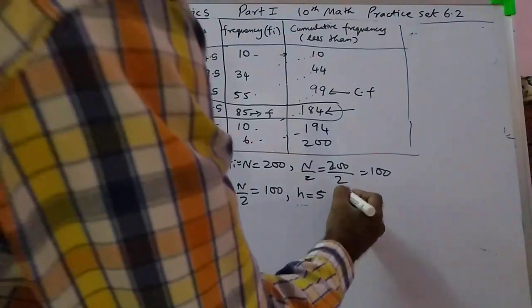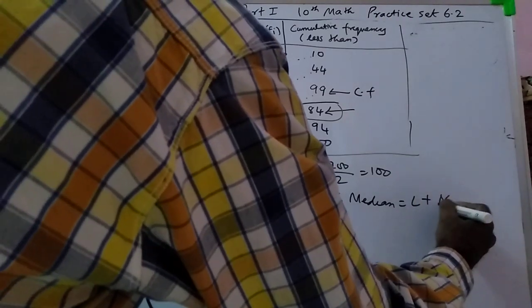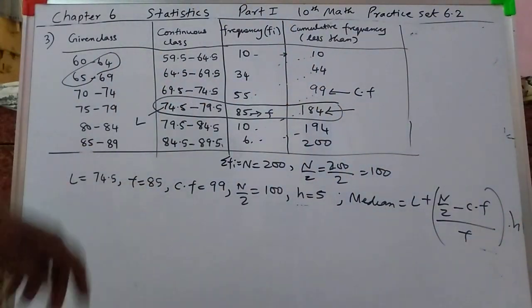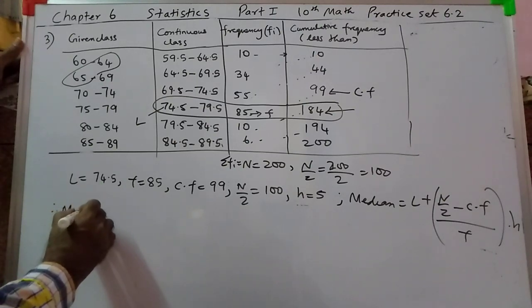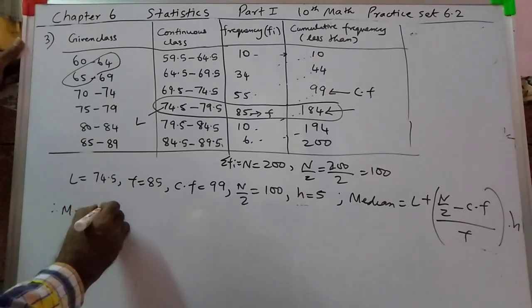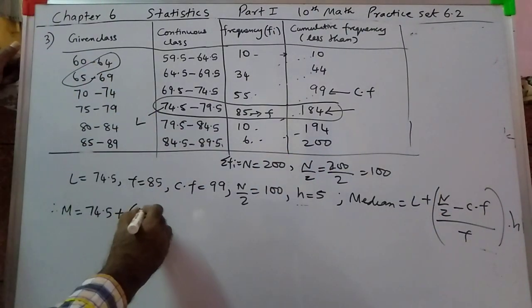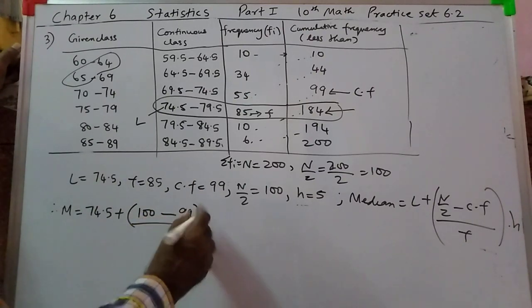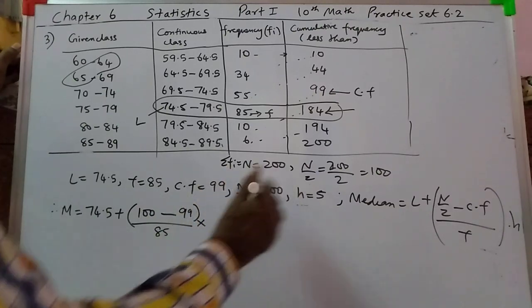Now you have to apply the formula. Median is equal to L plus (n by 2 minus CF) upon F, into h. Therefore M is equal to L, which is 74.5, plus n by 2, which is 100, minus CF, which is 99, upon F, which is 85, into h, which is 5.